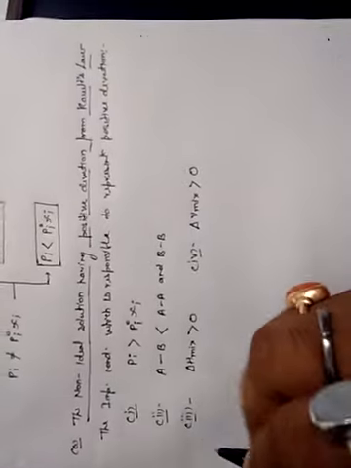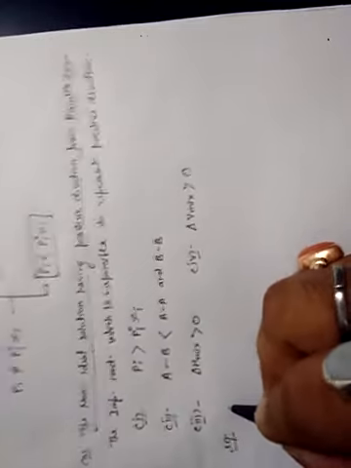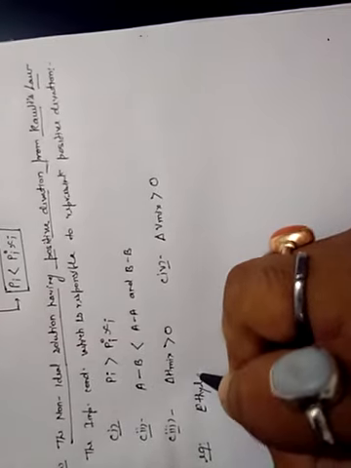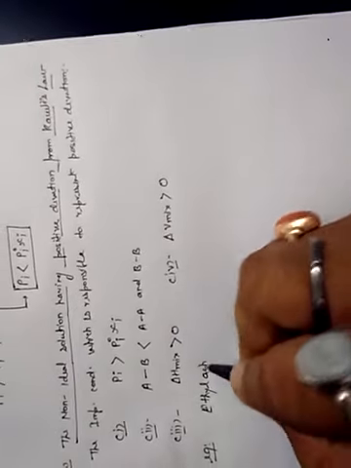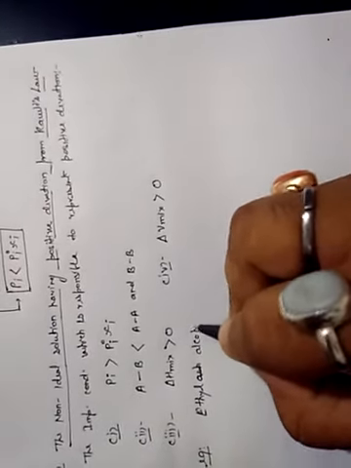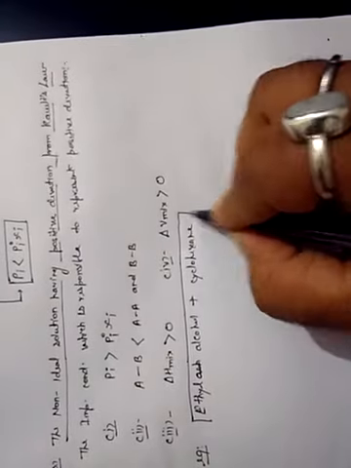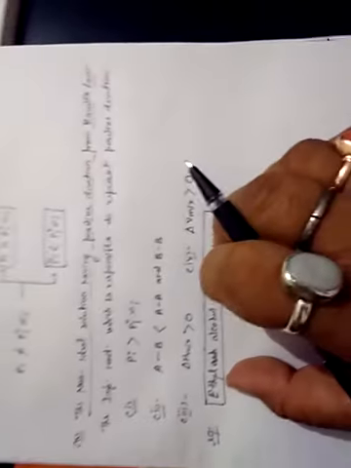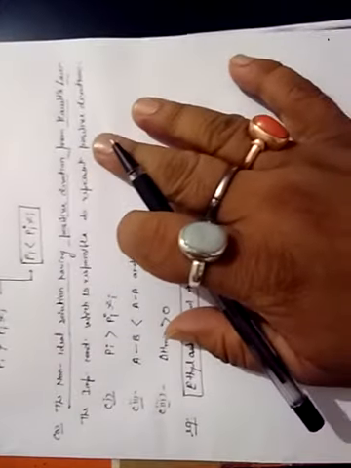For example, a solution that will represent the positive deviation is the solution between ethyl alcohol plus cyclohexane. When we prepare a solution of the two components ethyl alcohol and cyclohexane, it results in the formation of a non-ideal solution representing a positive deviation from Raoult's law.